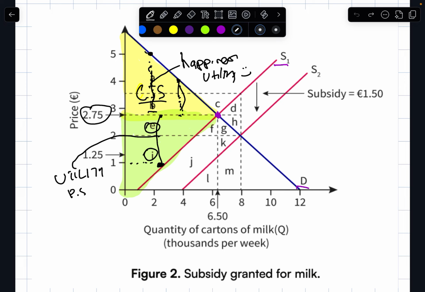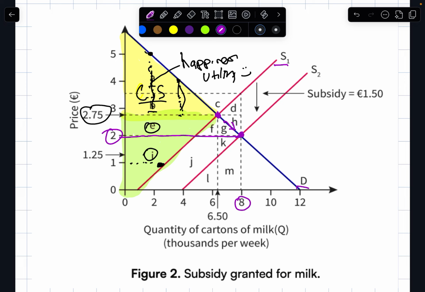Now, how does it change? We'll start with the consumer side. So the consumers, as we know from the graph a second ago, are paying down here. They're paying less money, they're buying more. So now, key data there is they're paying €2, and they're buying 8,000.